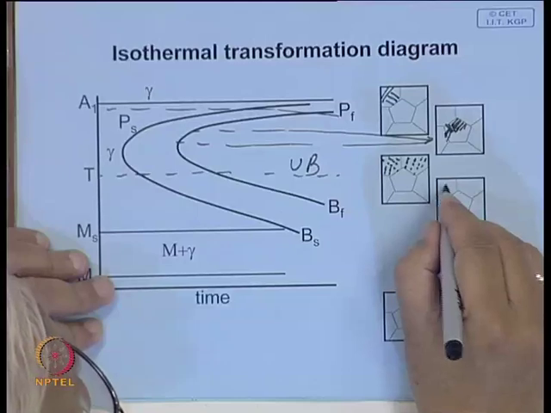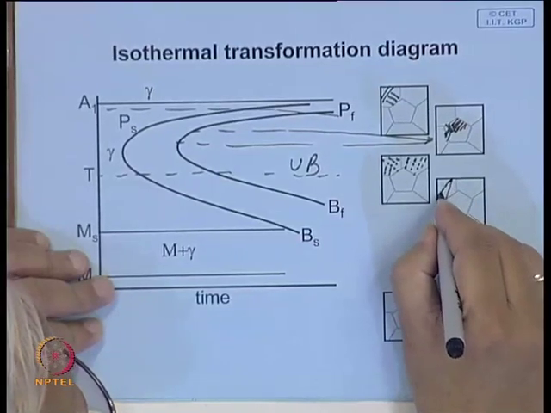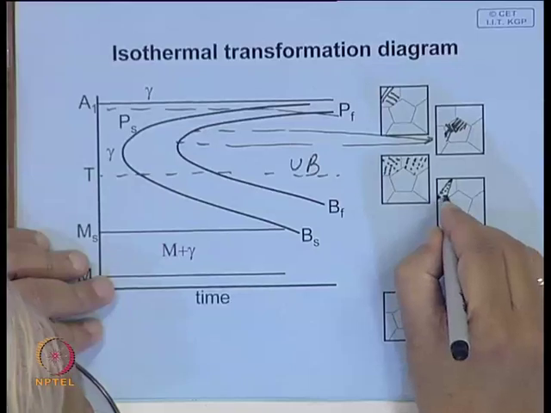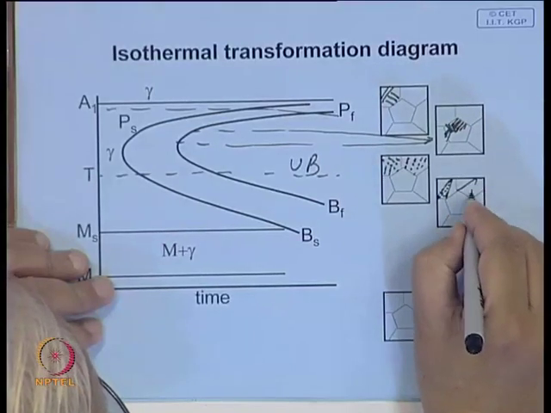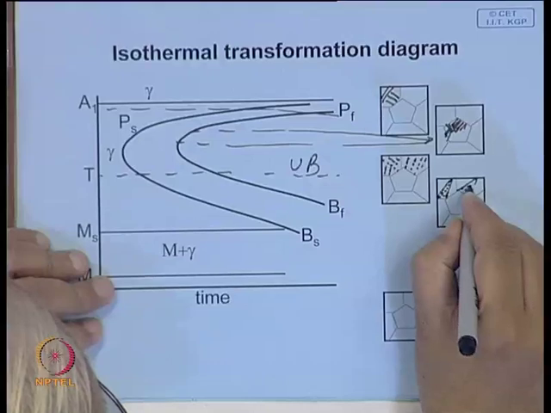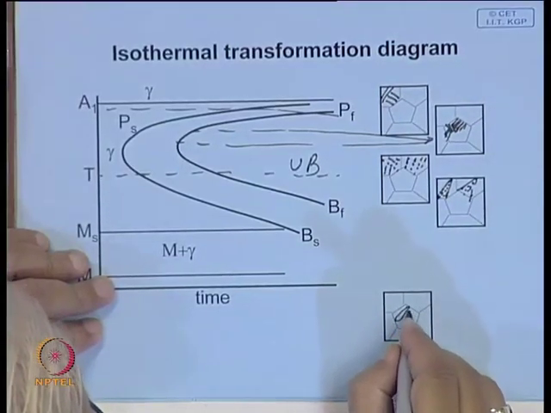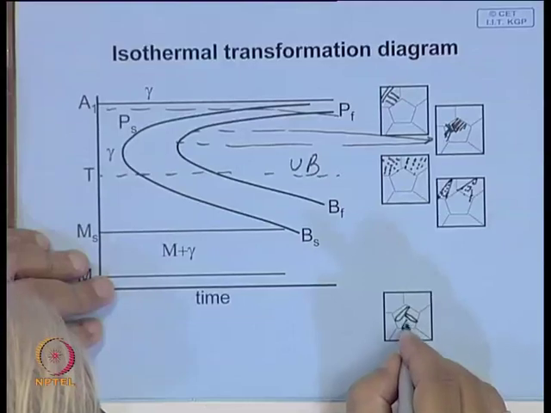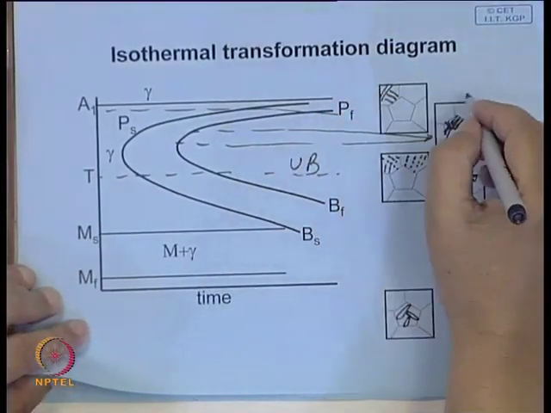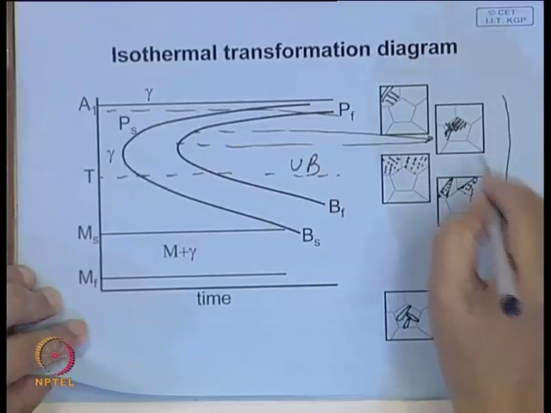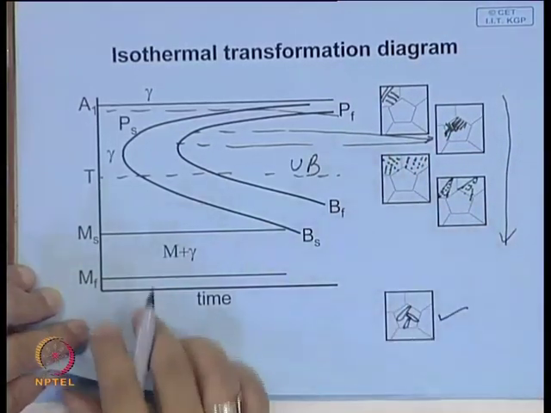And here you have an acicular, needle-like structure, and within this needle you have very fine epsilon carbide. In case of martensite, you have the full needle-like structure called martensite, and hardness goes on increasing as the structure becomes finer, and you get maximum hardness over here.